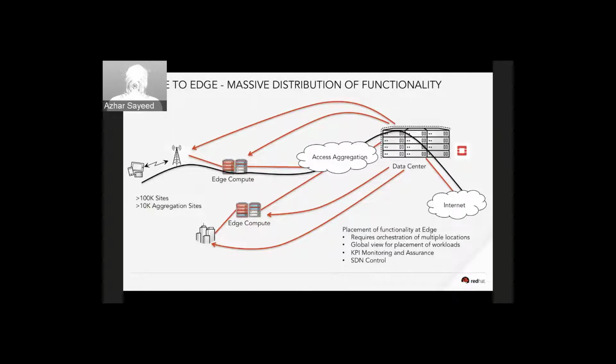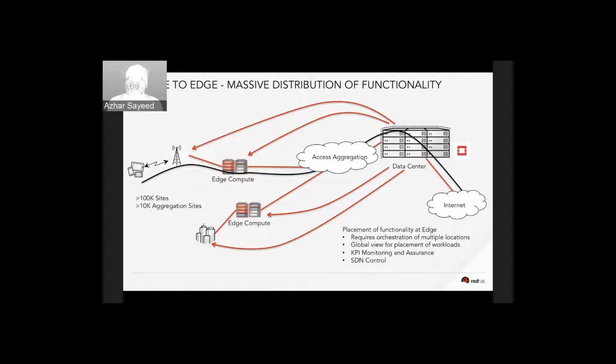When that functionality starts to migrate because you're providing better experiences, remember we started with a definition of edge being about providing better experiences. When that functionality starts to migrate towards that edge, then you need at that edge infrastructure or that edge location all types of capabilities: ability to manage virtual machines, ability to manage containers, ability to provide an assurance framework.